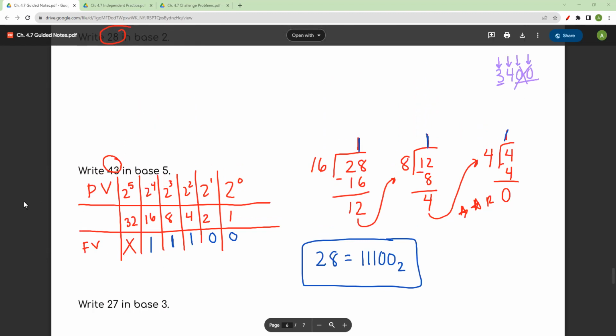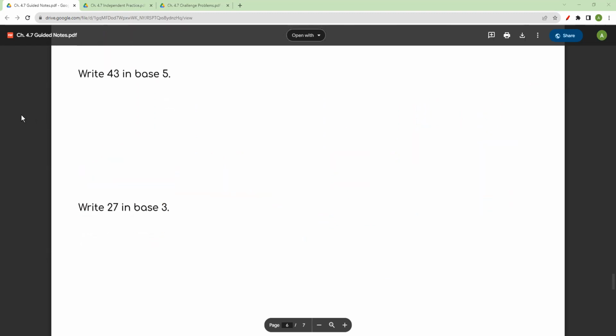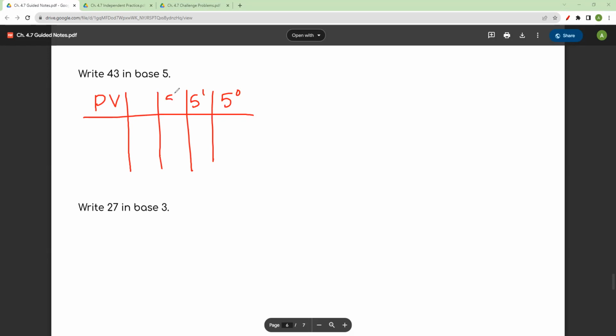All right, write 43 in base 5. Same thing. You might want to pause here and try it on yourself. If not, that's okay. So we're going to go place value. We're going to make our place value chart. That's step 1. So for this one, I'm going to make 1, 2, 3. So we go 5 to the 0, 5 to the 1, 5 to the 2, 5 to the 3.